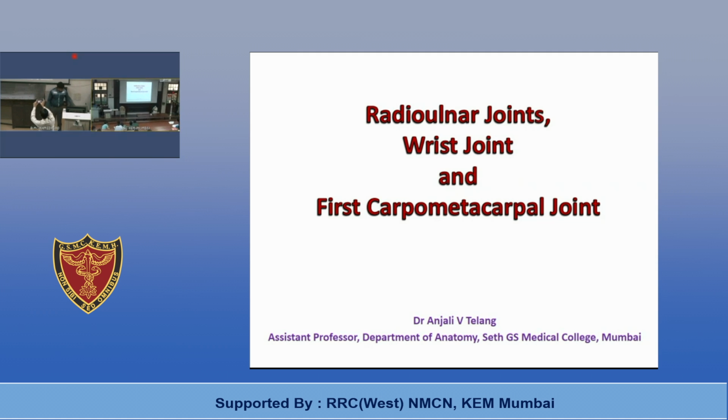The first heading is type of joint, then bones forming the joint, ligaments, capsule will be part of ligament, then bursae if any, related to that joint, and relations, structures related to that particular joint, movements, muscles producing movements, then nerve supply, blood supply, and lastly, applied anatomy.